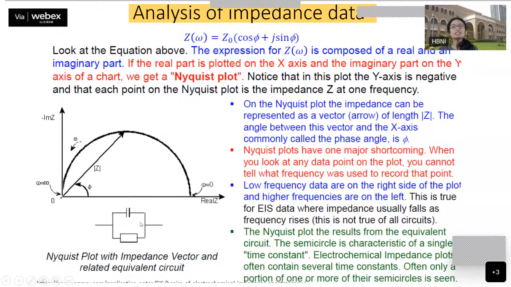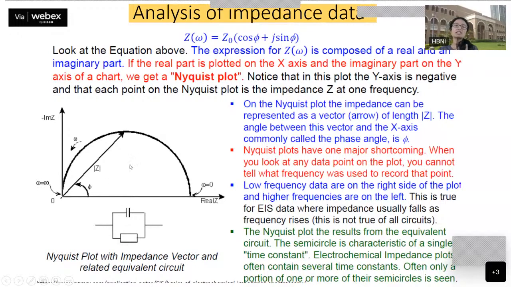So in the Nyquist plot, we plot the real part on the x-axis and the imaginary part on the y-axis. On this plot, the impedance can be represented as a vector of length Z. The angle between this vector and the x-axis is called the phase angle, which is φ.